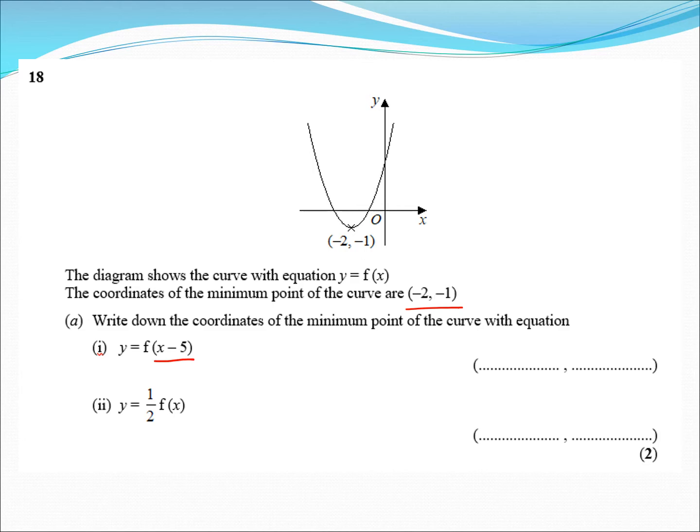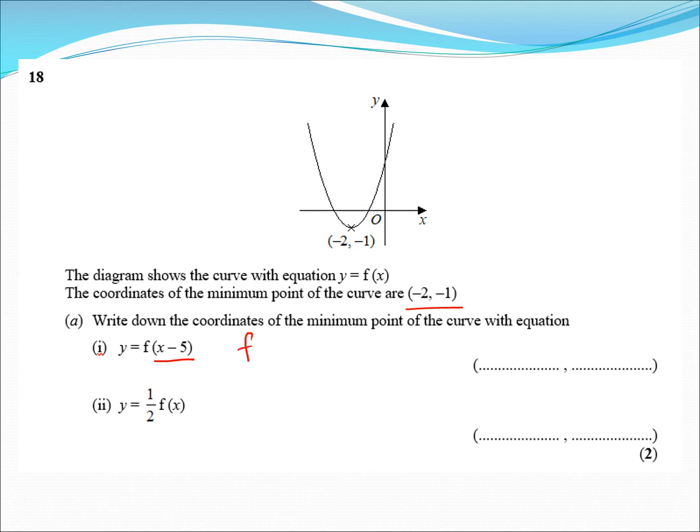Now, we know the rule that if f of x minus something, or x plus something, is within the brackets, whatever is inside the brackets will affect the x-axis in the inverse way. So if it's plus 5, I need to add 5 to the x coordinate.